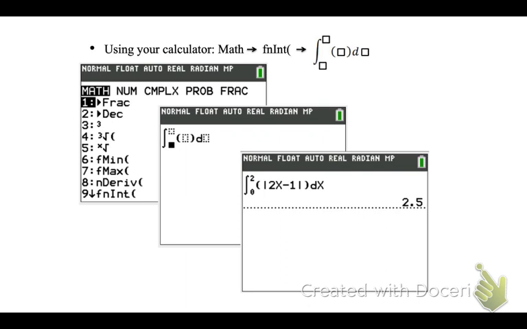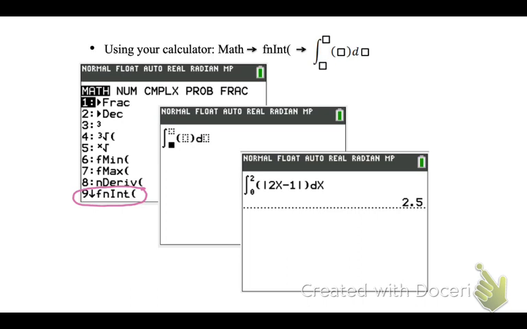Okay, your calculator will do definite integrals. Well, it's not going to show you steps, but it is going to show you answers. So if you go to math, and then you go down to, okay, it doesn't say definite, but it says finite.